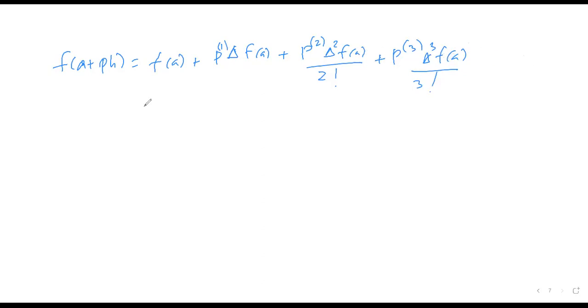So we don't need to put everything. So this is like our f of a is what? y of 45. Okay. So you can put our initial value as well. So this is like a plus ph now. So our y of 52. Okay. So this is what we are looking for. Which is equal to y of 45 plus p, what is our p?